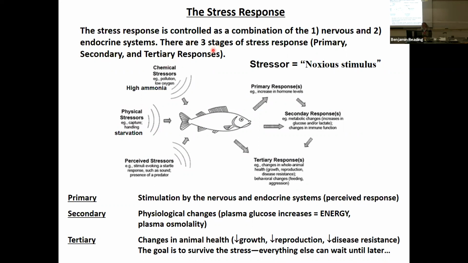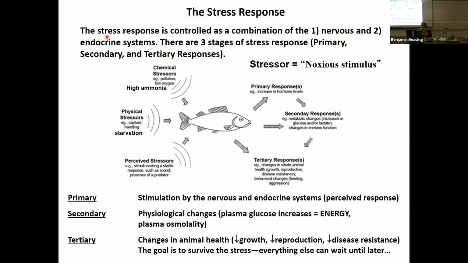So there are three stages of a stress response. There are what we call the primary, secondary, and tertiary responses. They're detailed here. So a stress is perceived by the nervous system, and then a response is then made by the nervous system and the endocrine system.